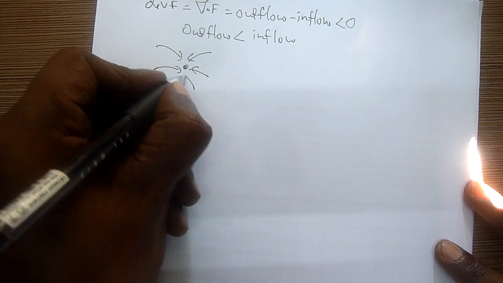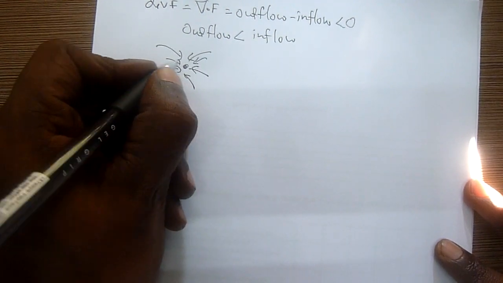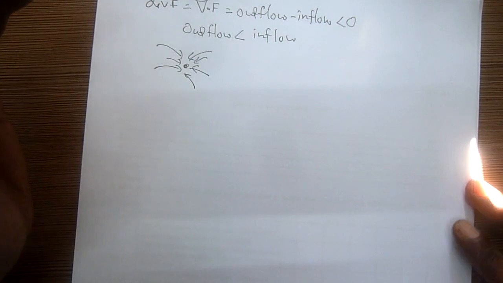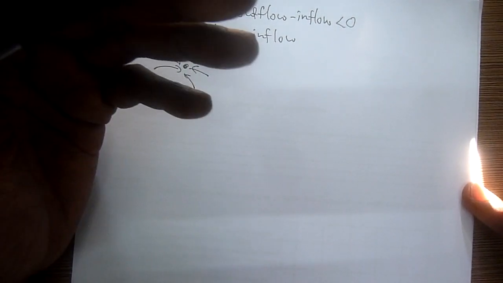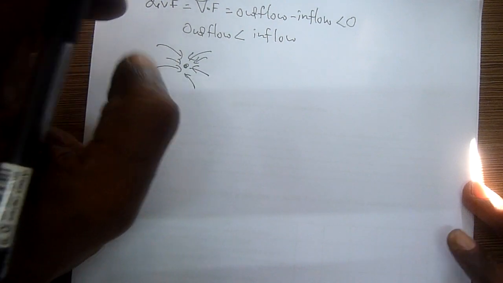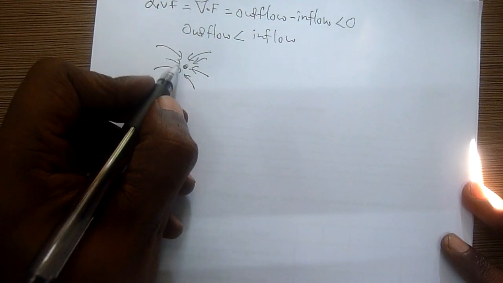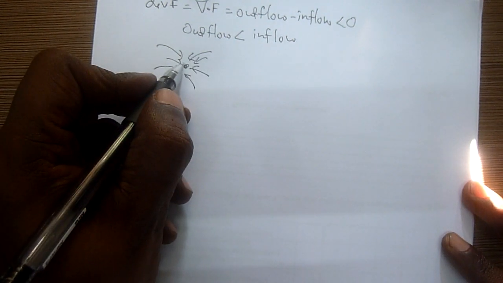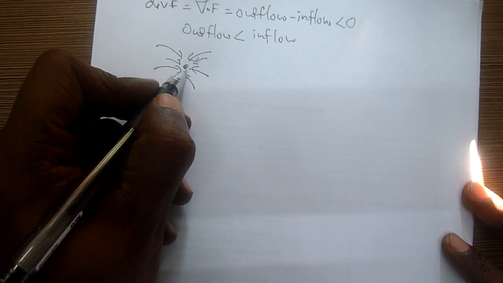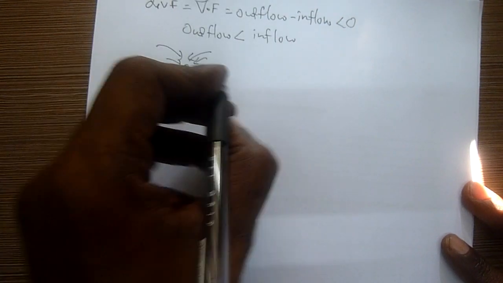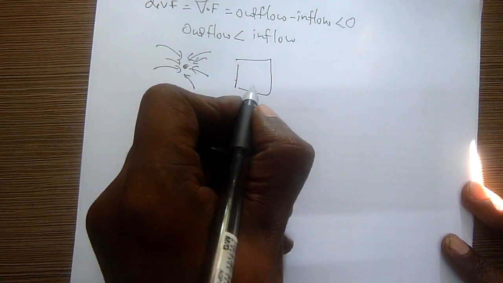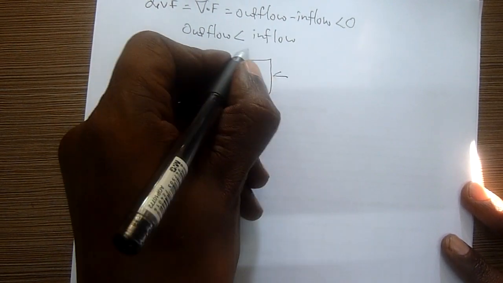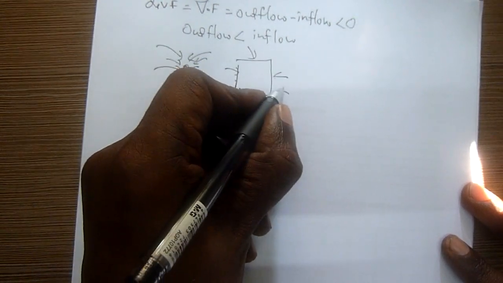On average, of course, in the state of equilibrium, as you all know, the water flow in and out are the same. But in this particular case, we can imagine the average water inflow is higher than outflow. Therefore, at that particular point, the surface is something going inside, right?